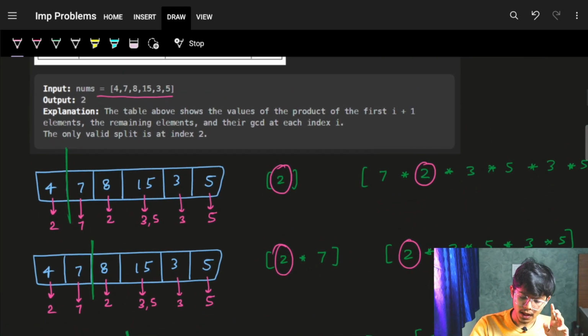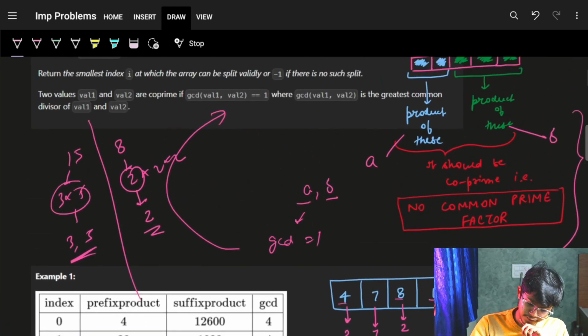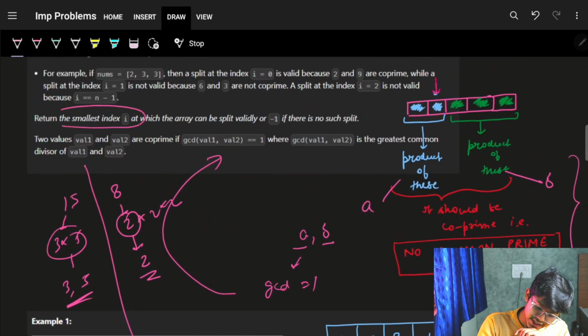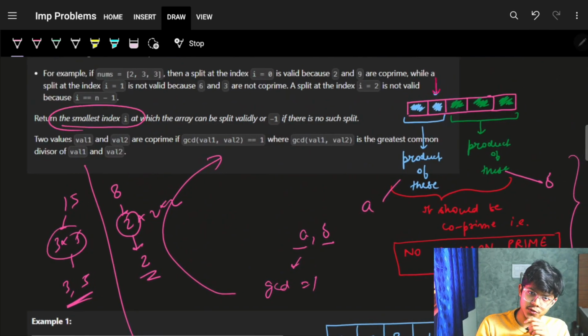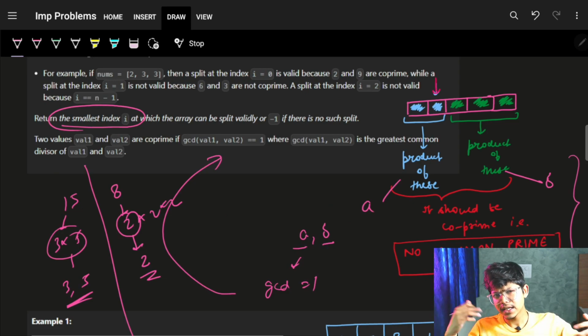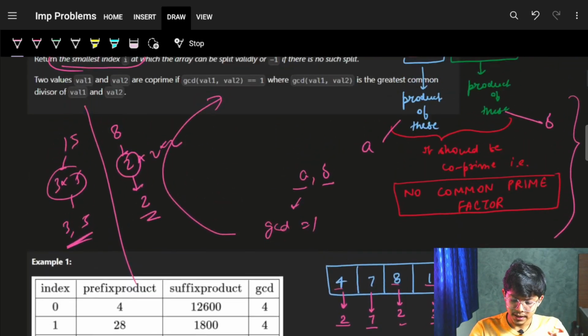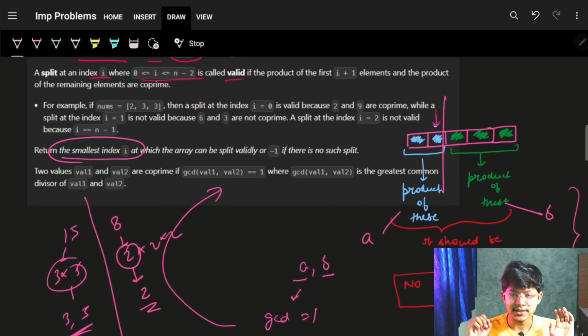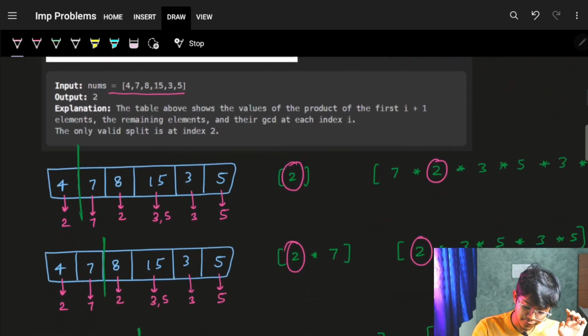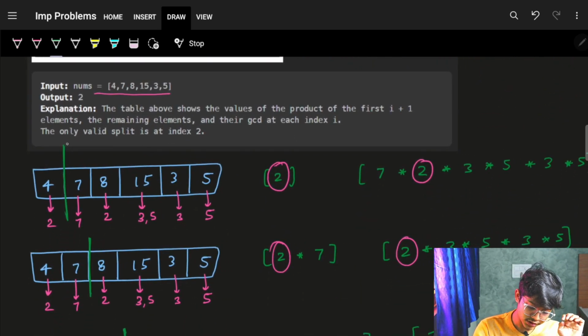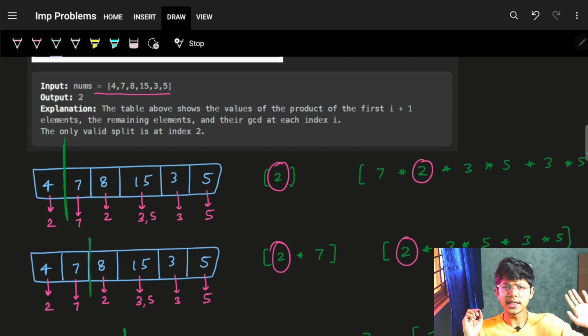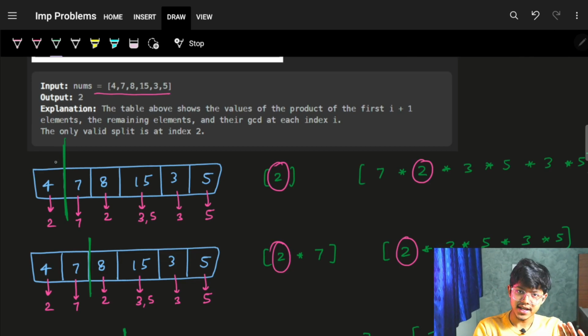Now let's see. As it said, we need to go to the smallest index I, which means iterating from left to right and breaking, because I have to break the wall at some place. So let's start by breaking at the most starting place, let's say at this place.